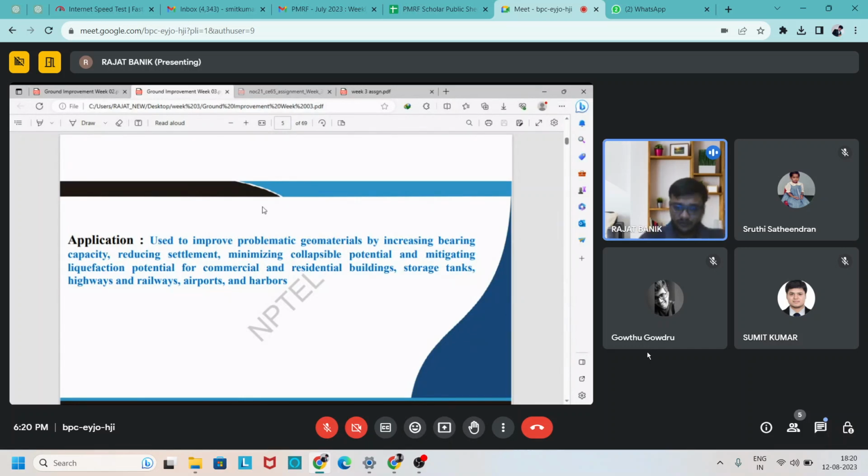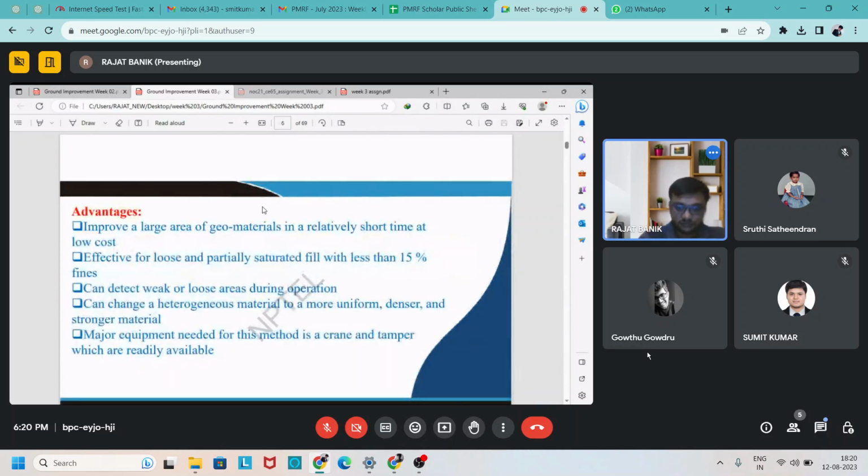So coming to the next slide, we discuss the advantages. What are the different advantages of this technique? The first one is that it improves a large area of ground in a relatively short time at low cost.